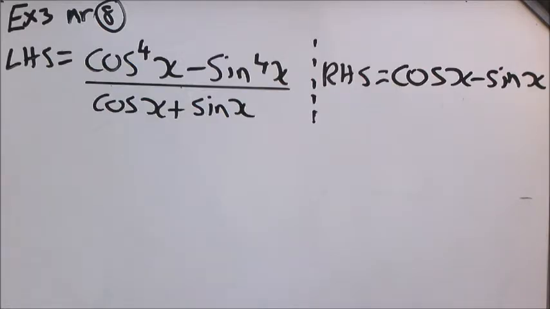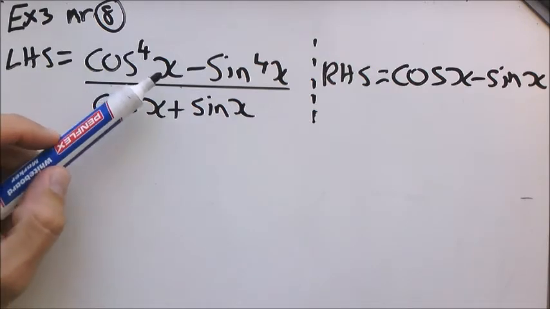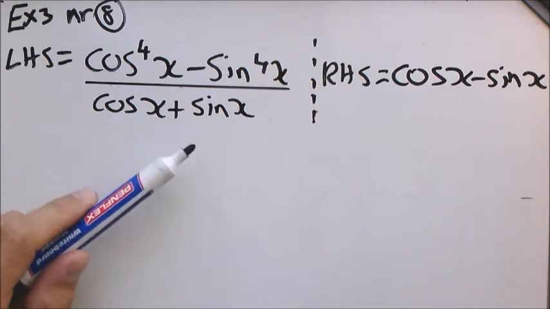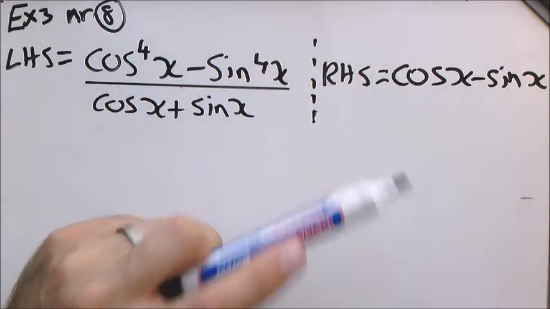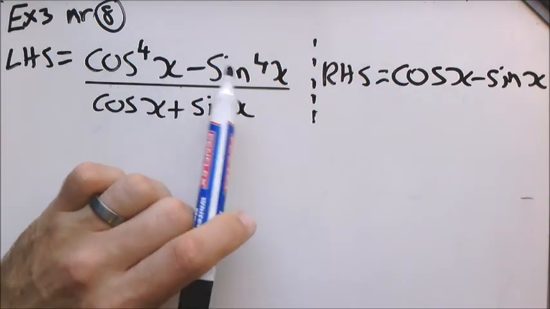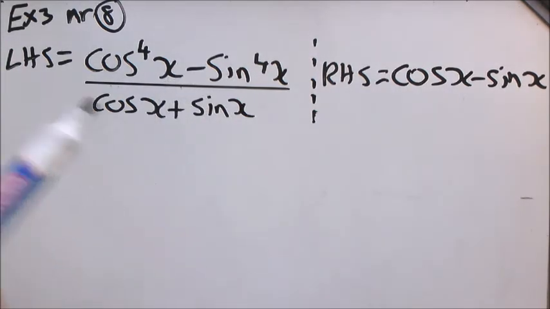Okay, number 8. On the left hand side, cos to the power of 4x minus sine to the power of 4x over cos x plus sine x. Right hand side, cos x minus sine x. You immediately notice a difference between two squares, so we're going to use that to our advantage, and let's work with it.